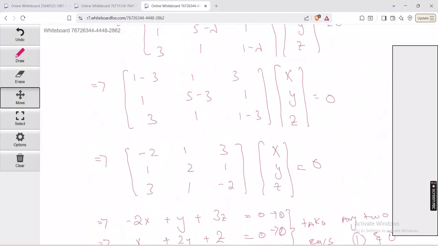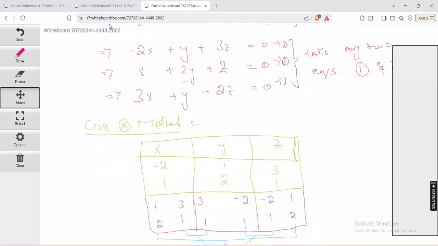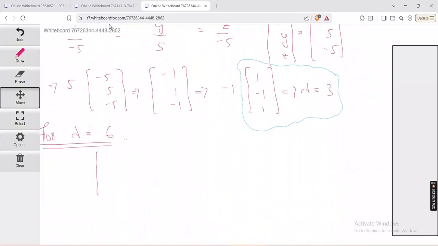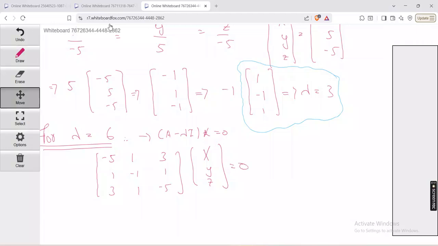Instead of 1 minus 3, now you have to do 1 minus 6, 1, 3, 1, 5 minus 6, 1, 3, 1, 1 minus 6. So I will write the matrix directly. I can write here minus 5, 1, 3, 1, minus 1, 1, 3, 1, minus 5, times x, y, z is equal to 0.